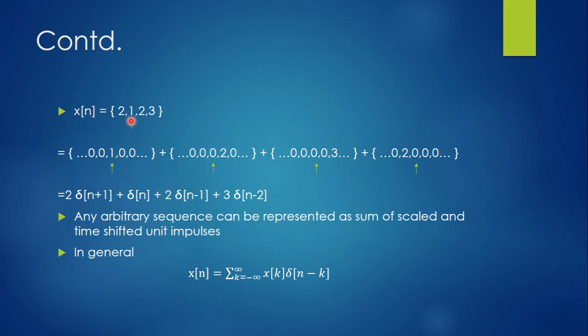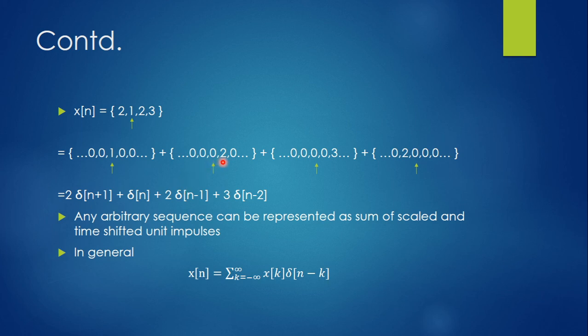Now, you have this sequence. This is your unit impulse. Unit impulse is what? 1 at the 0th sample, all other samples are 0. This is your delta n, the first one. So this is what?